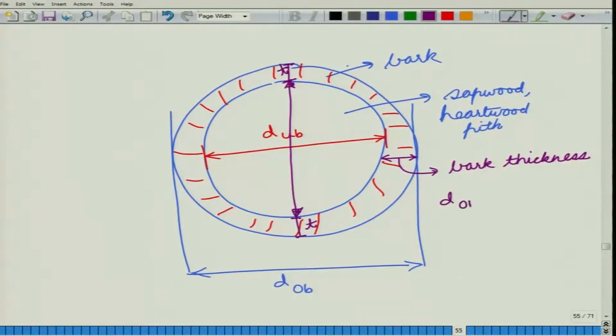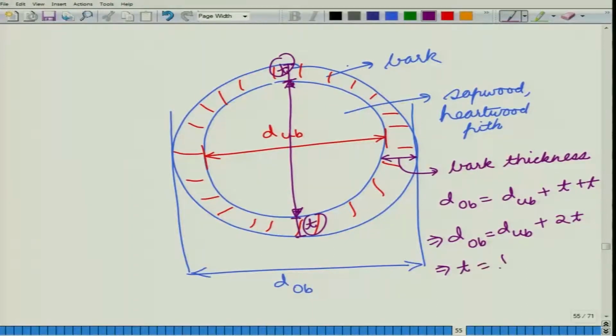So, d over bark is equal to d under bark plus a thickness here plus a thickness here. So, diameter over bark is equal to diameter under bark plus twice the thickness of bark. So, the bark thickness T is given by half of diameter over bark minus diameter under bark.